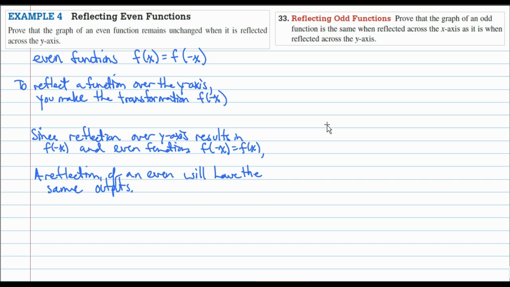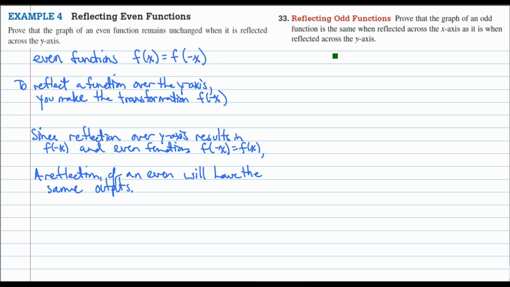The Now Try problem for example 4 is number 33. It says prove that the graph of an odd function is the same when it's reflected across the x-axis as it is when it's reflected across the y-axis. So I'm going to make a note to myself, this is different than the last proof. I'm not proving that a reflection is the same as the original.